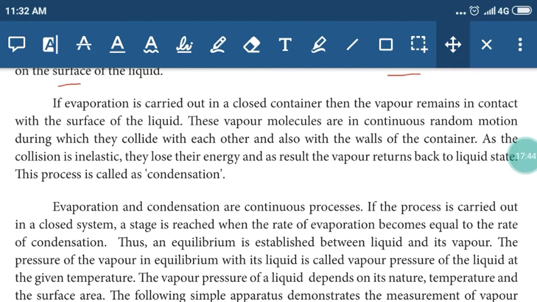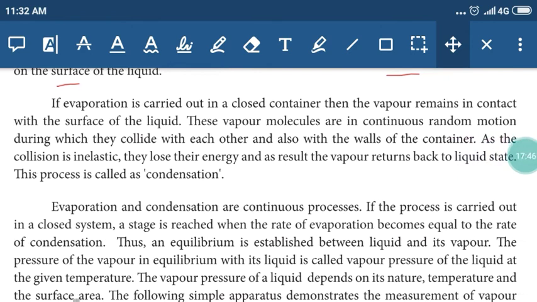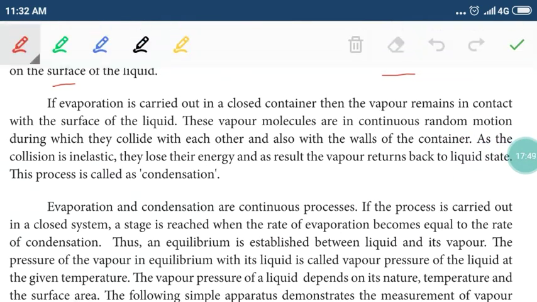So when we do evaporation in a closed container, liquid as well as vapors are in the same container. The formed vapors, take water vapors, are continuously moving here and there. Liquid water will be present as such. When the temperature reaches 100 degrees Celsius, liquid water becomes water vapors.